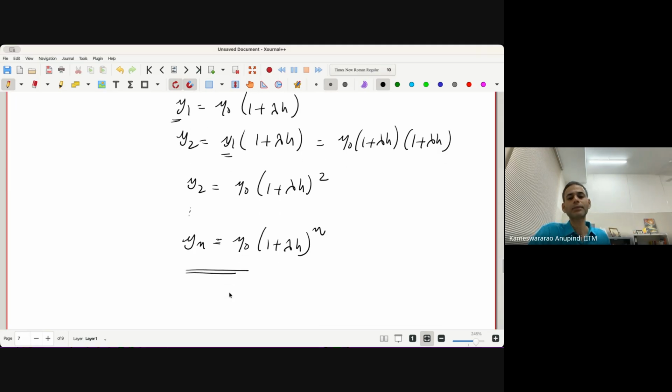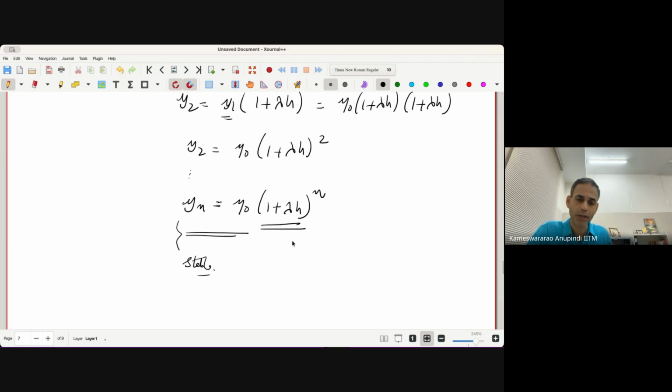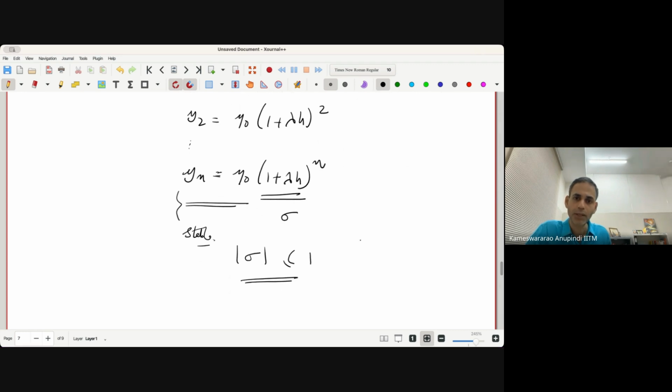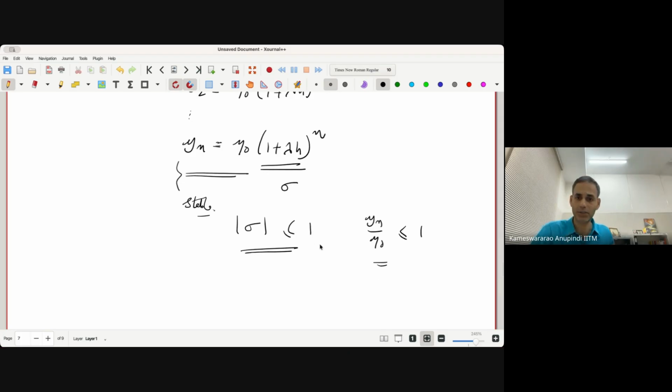Then, either in terms of solution or in terms of the round off error that we have discussed, for this method to be stable we want this quantity, if we call it sigma, to be less than or equal to 1. Only then will y_n by y_0 be bounded. We don't want y_n to be growing. What is sigma? Sigma is nothing but 1 plus lambda h.